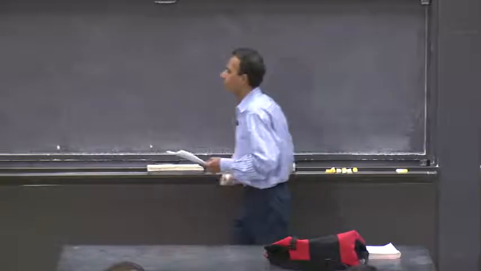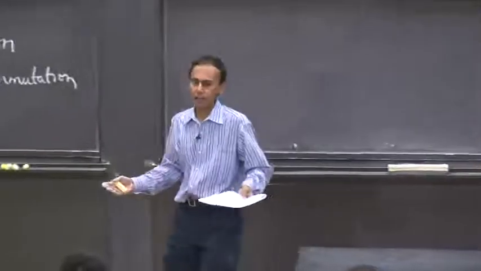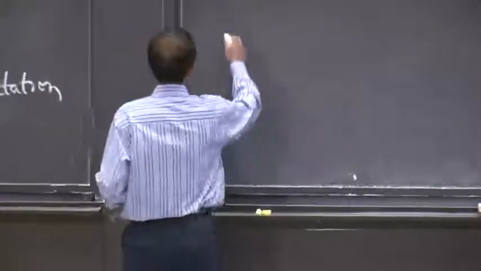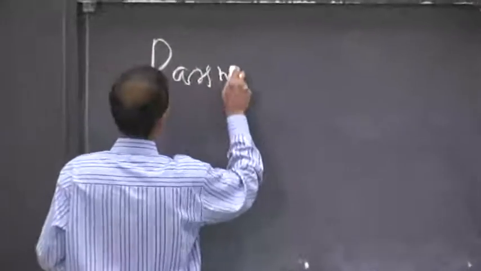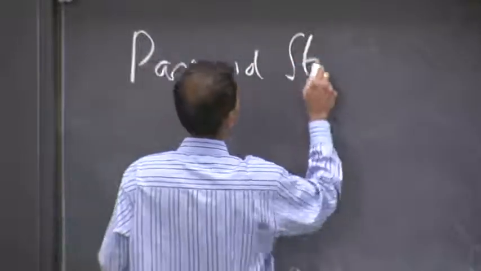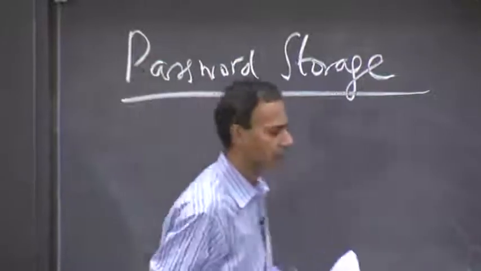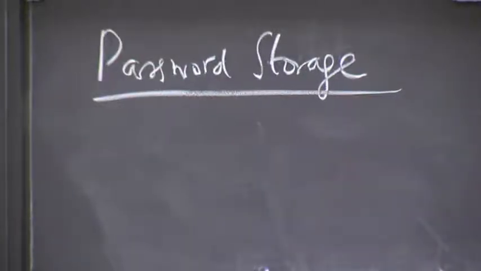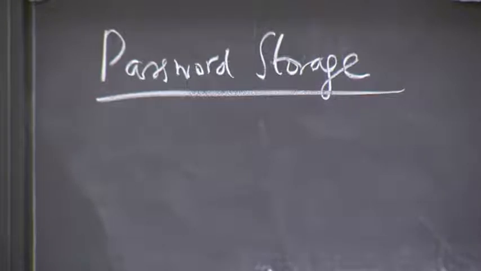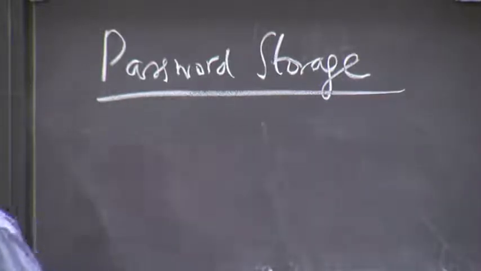So maybe the best way of motivating this is through an example. Let's talk about an example that is near and dear to every security person's heart, and probably to people who aren't interested in security as well, which is password storage. Think about how Unix systems work when you type in your password. You're typing in your password into Athena, and this is true for other systems as well.